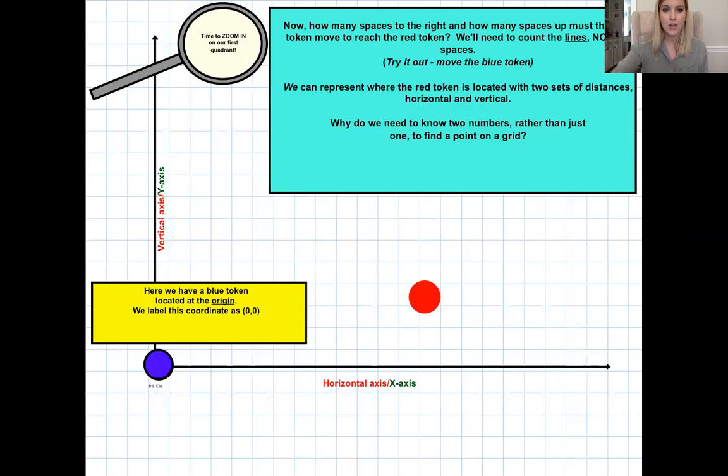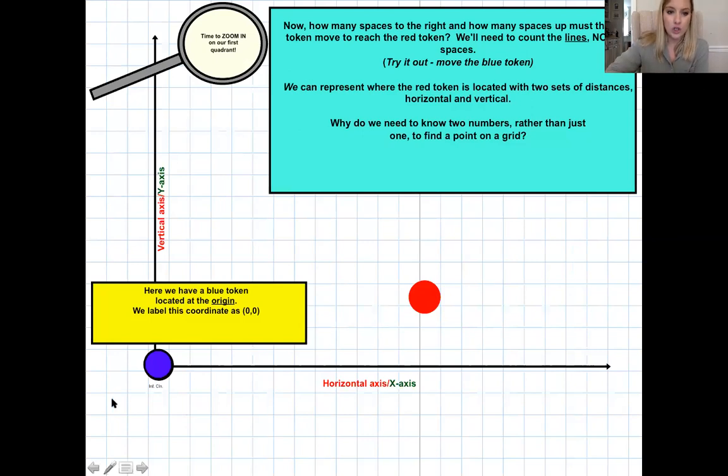All right, so I have a blue dot and a red dot on my screen, okay? And this represents location, right? So let's say the blue dot is a person and the red dot is a church and they want to walk to the church. So they need to know how far they need to go.